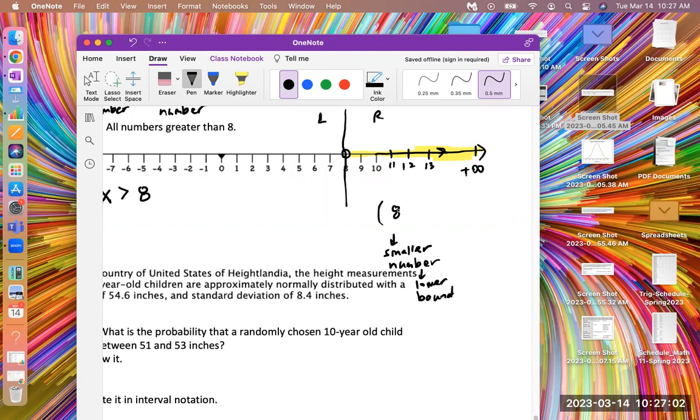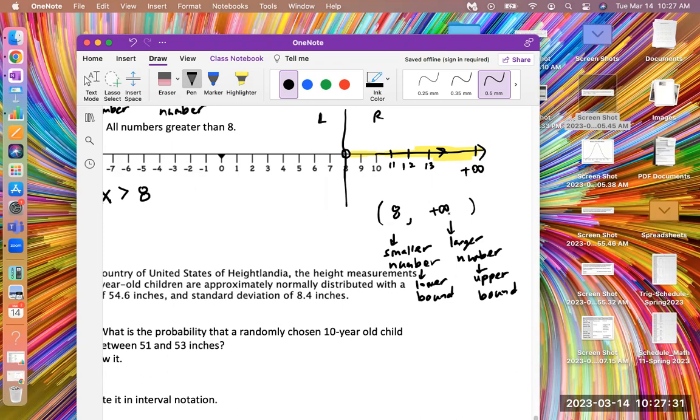I go parenthesis 8, comma, and then the larger number on this interval, also known as the upper bound, is positive infinity. And that's what the interval notation looks like.